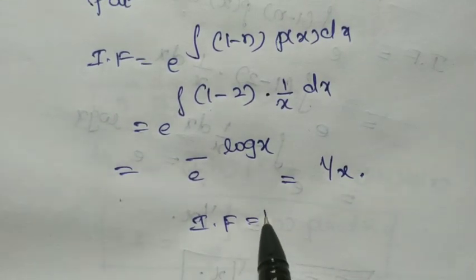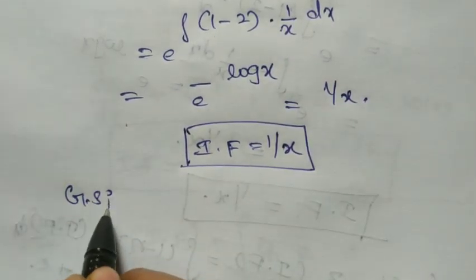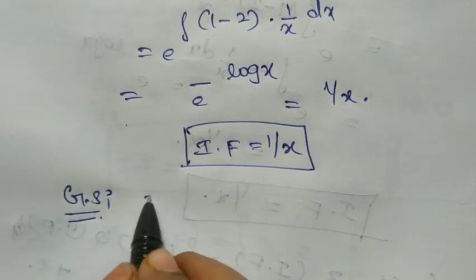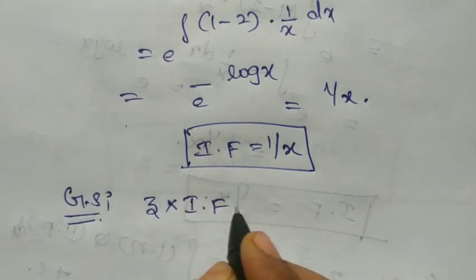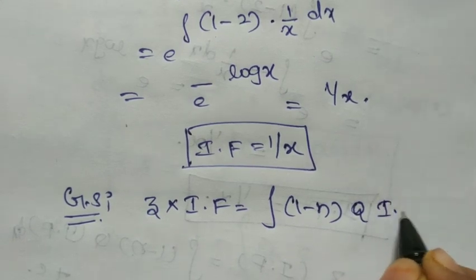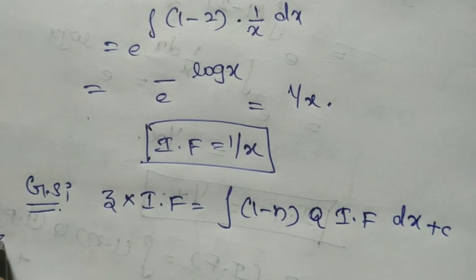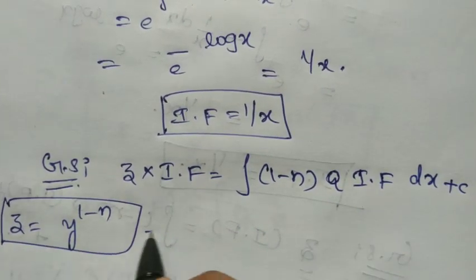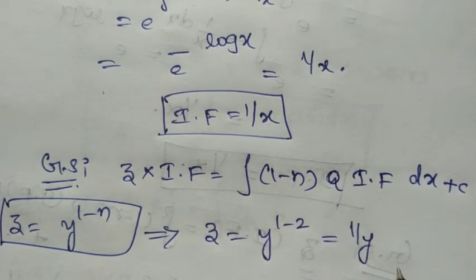So therefore integrating factor is 1 by x. So the general solution: z into integrating factor equal to integration of (1 minus n) into q into integrating factor dx plus c. Here z equal to y power 1 minus n. So z equal to y power 1 minus 2, that is equal to 1 by y.